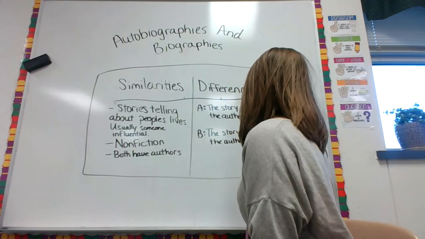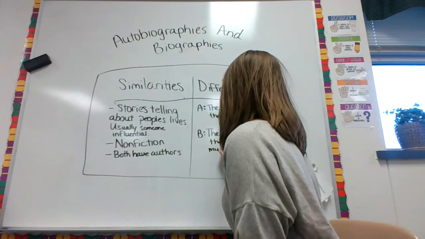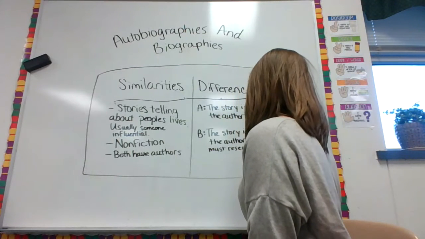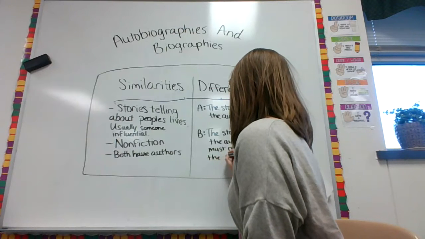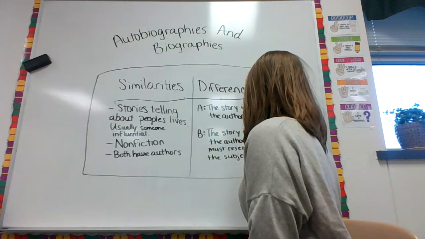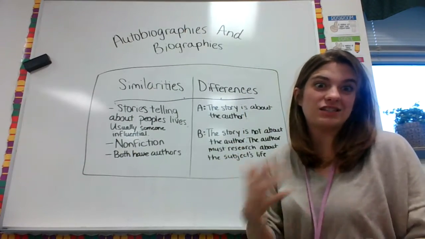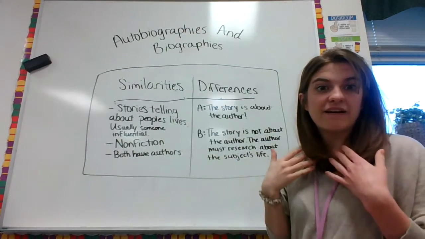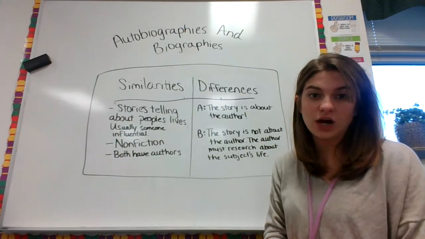The author must research about the subject's life. So since in a biography it's not about their life, they have to do some research and make sure that they're telling factual information about their subject's life, the person's story that they are telling.